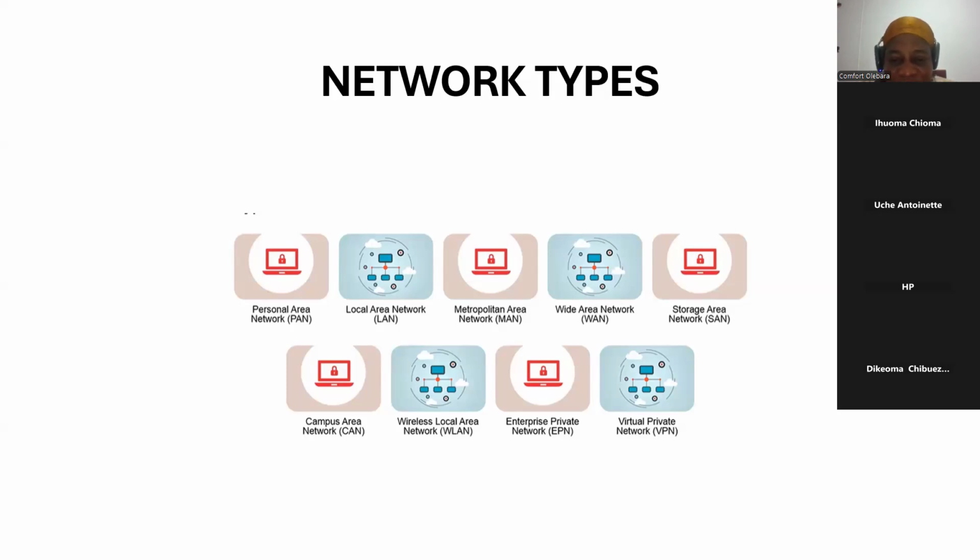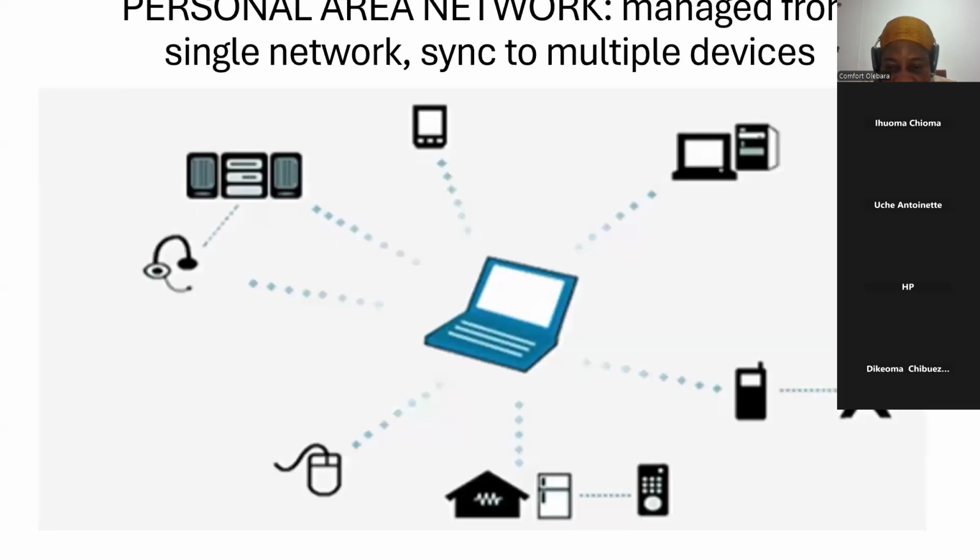The metropolitan area network and wide area network are related. Just the area of coverage is the difference. The wireless area networks are not really too important at this point. This is an example of device sharing.